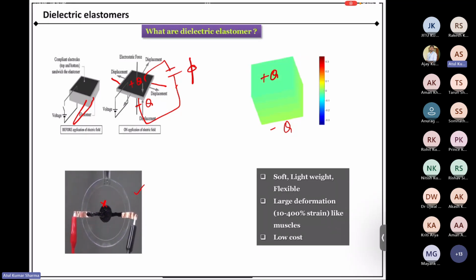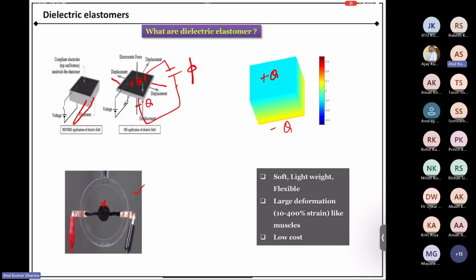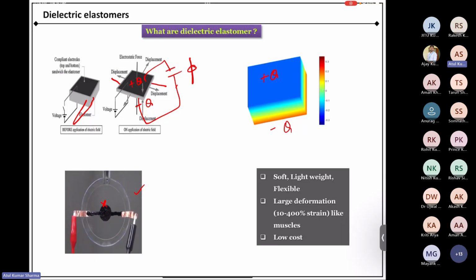What is the relationship between this phi and the corresponding deformation, let's say displacement u? That analytical approach using the energy-based approach, I will be deriving.